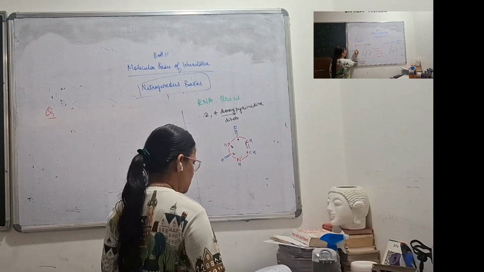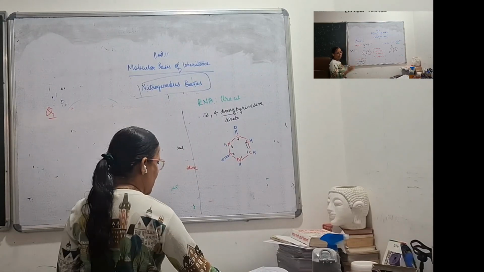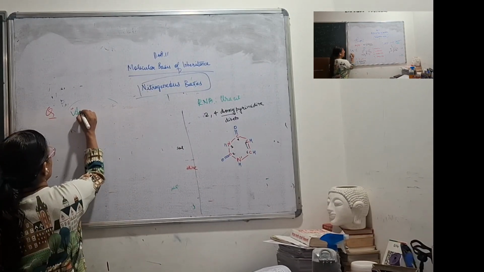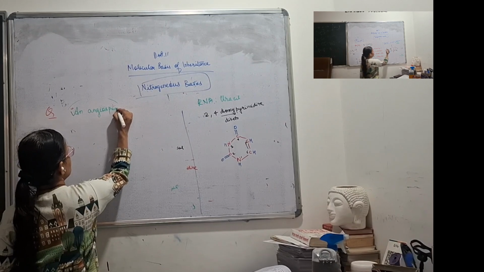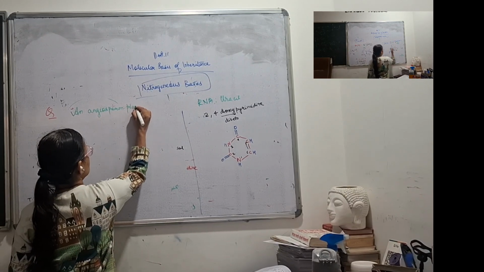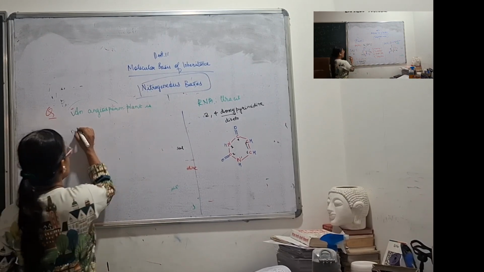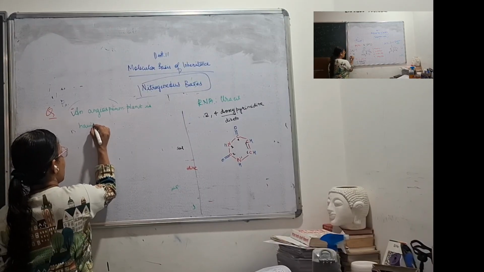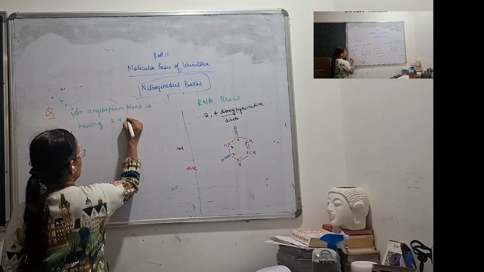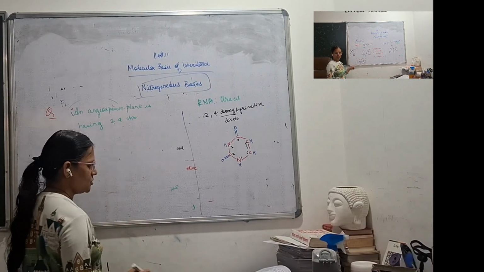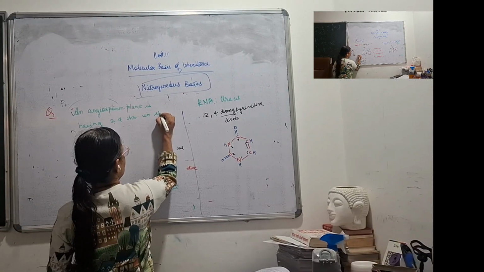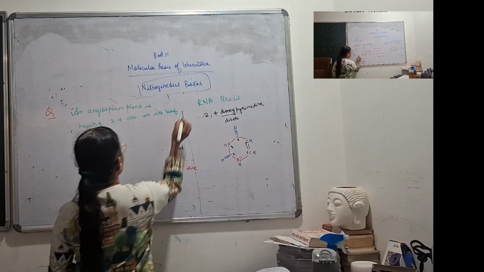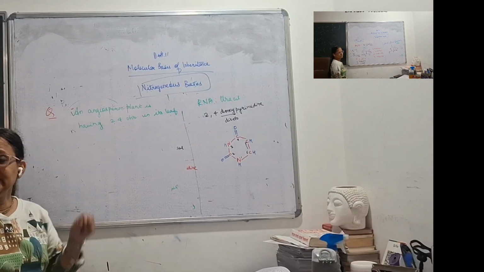An angiosperm plant is having 24 chromosomes in its leaf. Now understand, they have said in leaf.